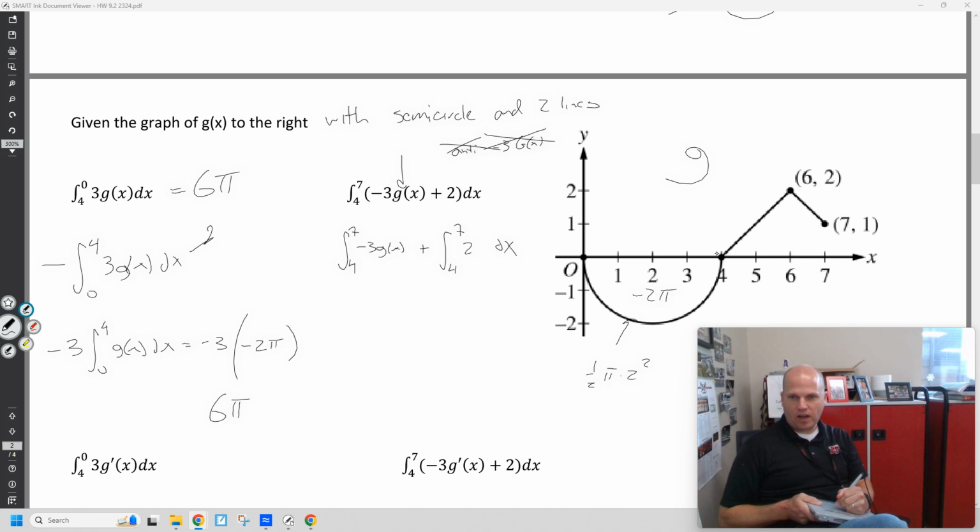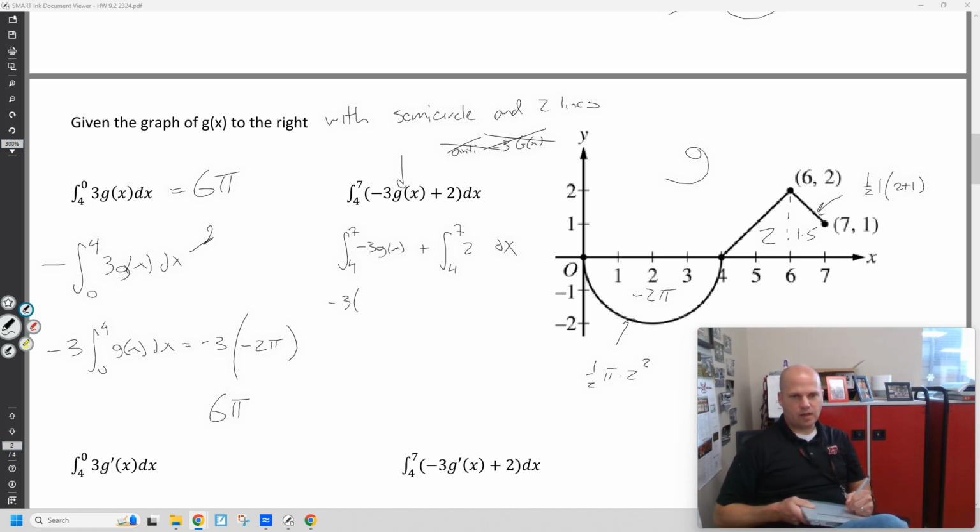We're not going to take the antiderivative. Rather, we'll just find the area from 4 to 7, split this up into 2 triangles. This is a trapezoid, heights of 1 and 2. So this 1/2, base of 1, heights of 2 and 1. So that's 3 halves, that's 1.5. So from 4 to 7, I got 3.5 times -3.